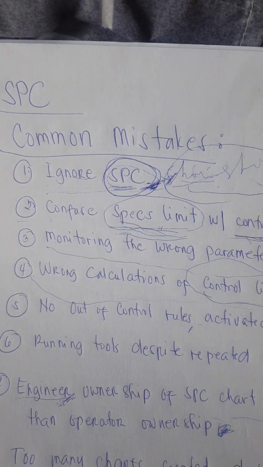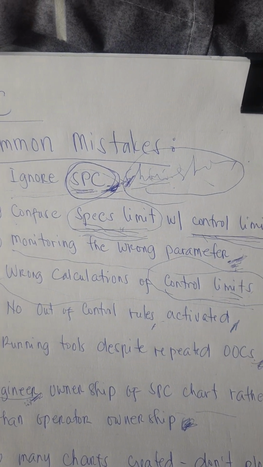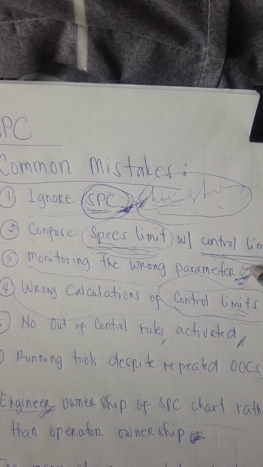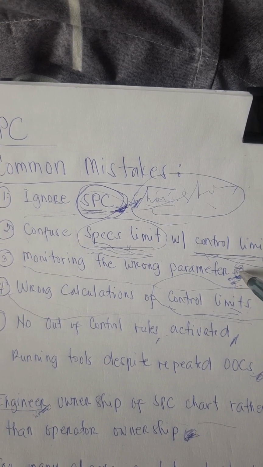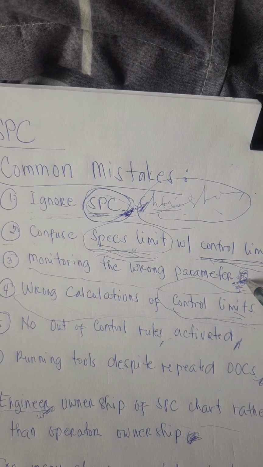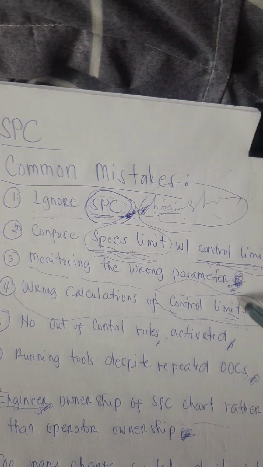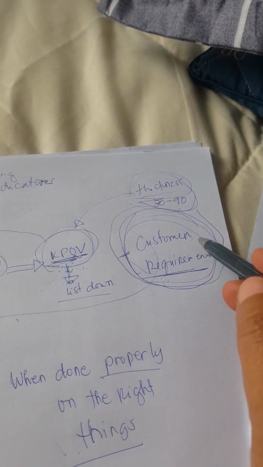Number three, monitoring the wrong parameter. This is very critical, guys. How do we decide which items we need to monitor? We have the customer requirements.